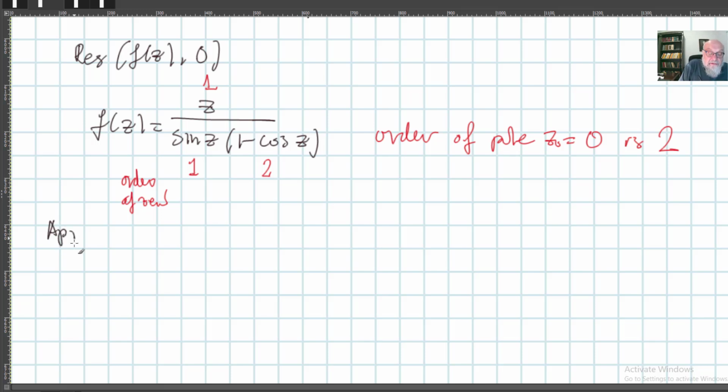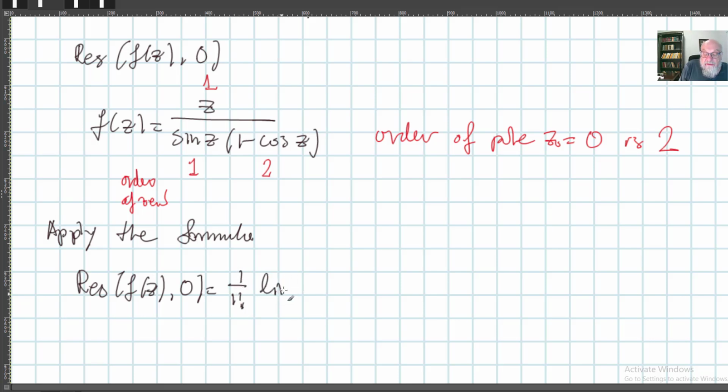So apply the formula, namely the residue of f of z at 0 will be equal to 1 over 1 factorial, the limit as z goes to z0 of the derivative of f of z times z squared, evaluated at the point z equals 0.